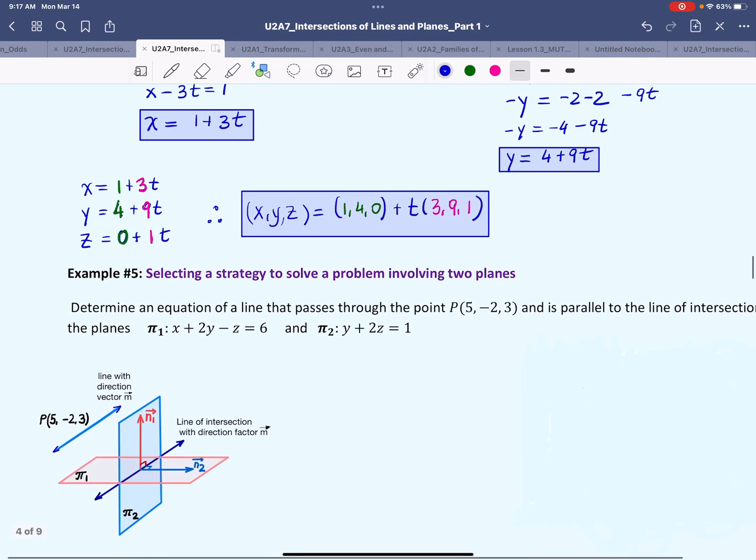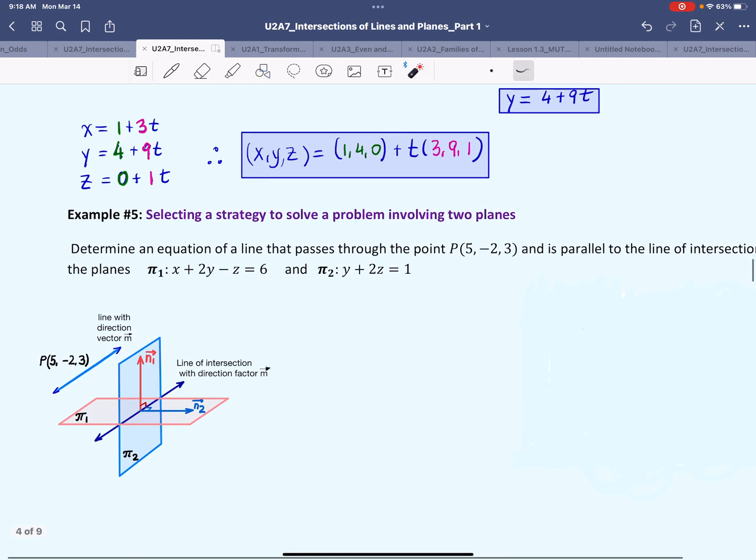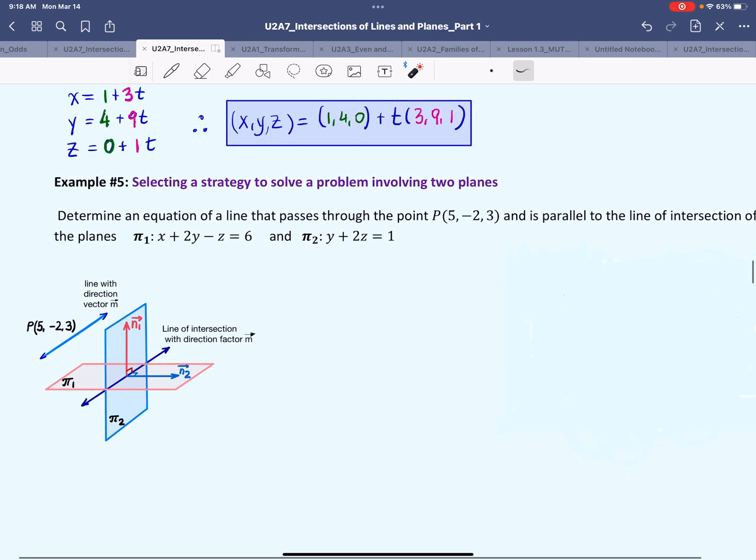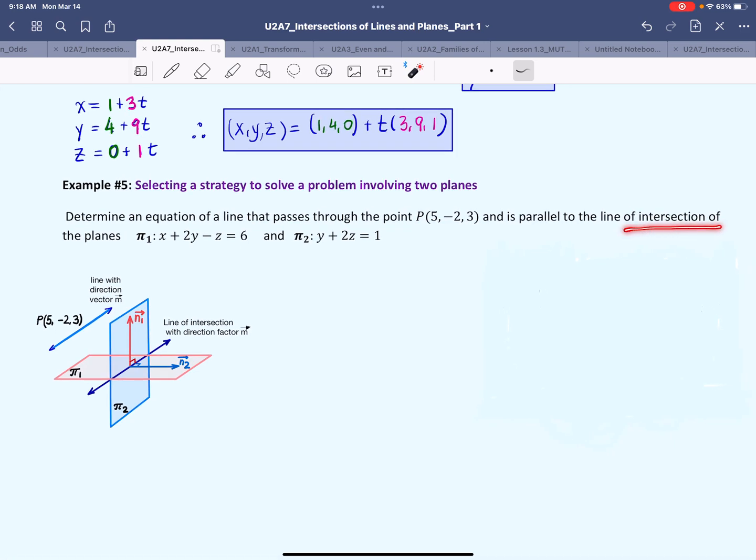Now let's take a look at our last example for this lesson, example 5, selecting a strategy to solve a problem involving two planes. In this case, we have to determine the equation of a line that passes through some point with coordinates 5, negative 2, 3, we call this a point P, and is parallel to the line of intersection of the planes pi 1 and pi 2.